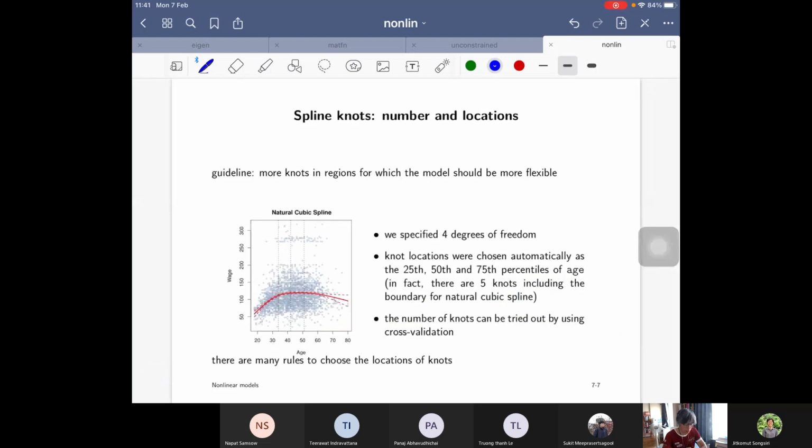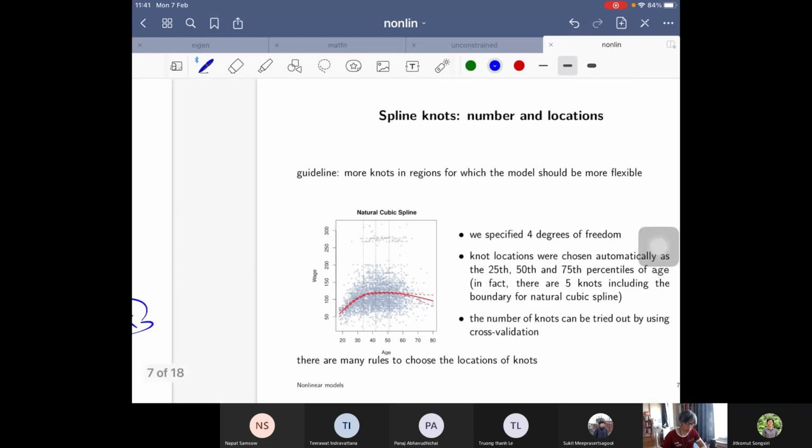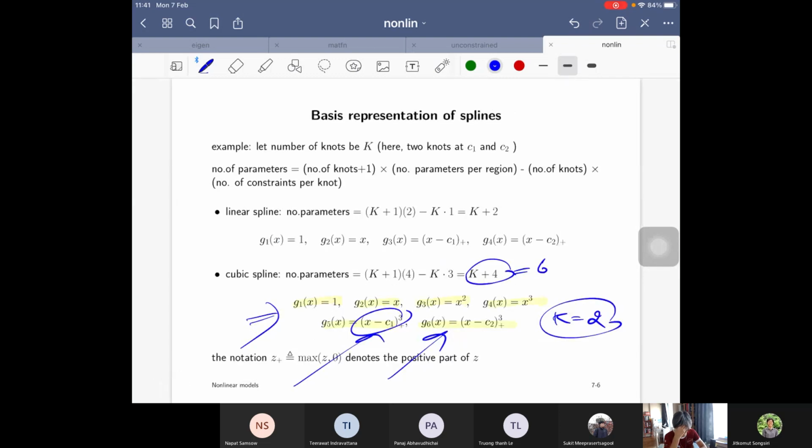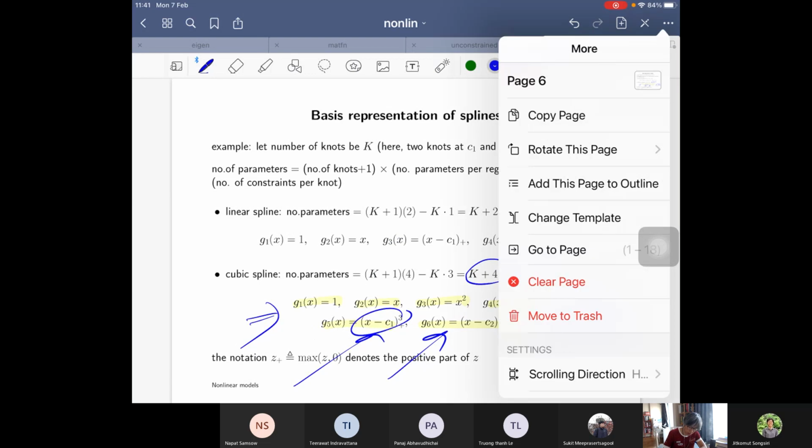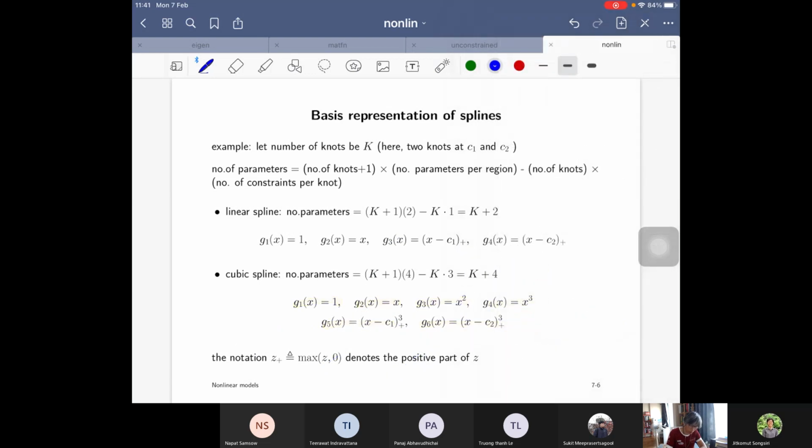Okay. Now you can see that when we get these bases, what's the step? If I fit the cubic spline, and the knots C1 to CK are given, I develop y equals beta 0 plus B1 G1(x) plus B2 G2(x), and B3 G3(x), and so on, up to beta 6 and G6(x).